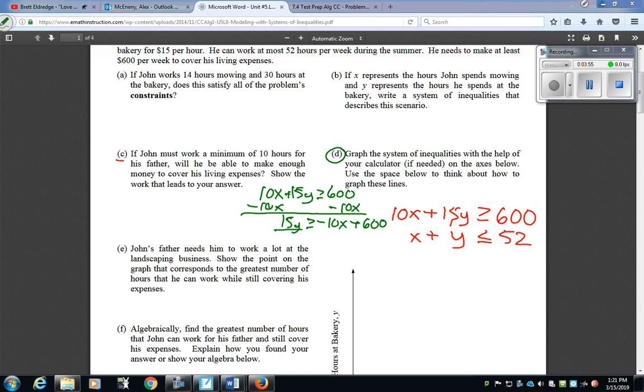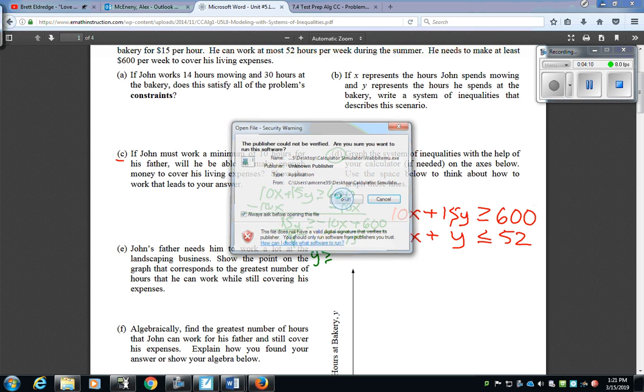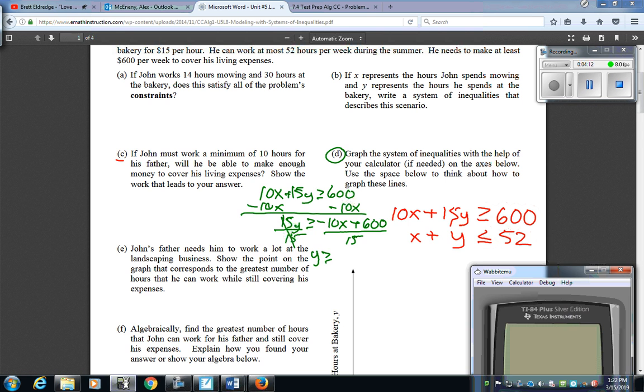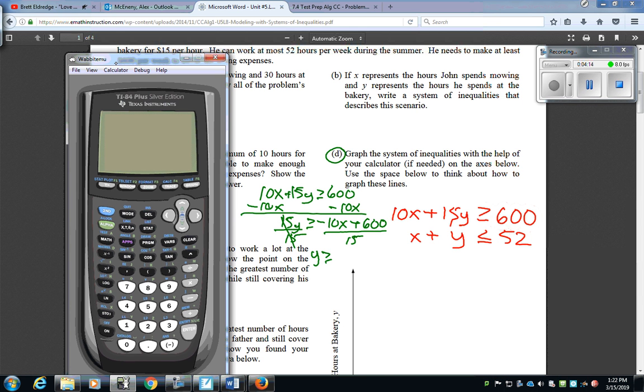And then we have to divide everything by 15. Now you want to divide the negative 10 by 15 and 600 by 15. So when I take the calculator to do that division, for the fraction part, I got negative 10 divided by 15.